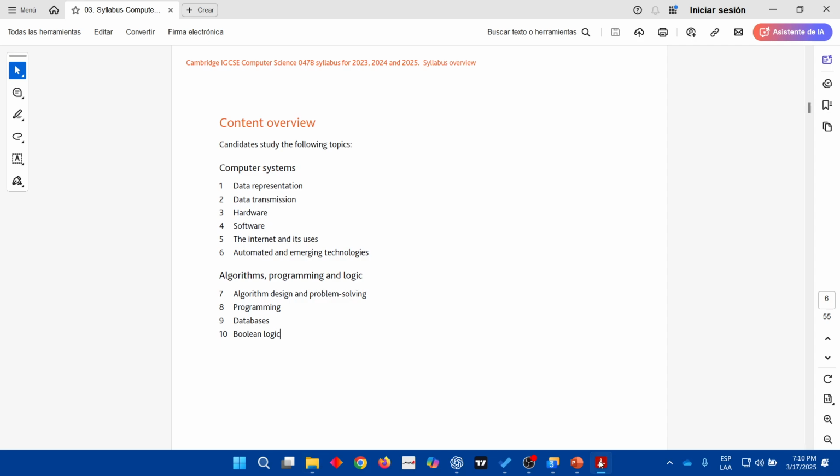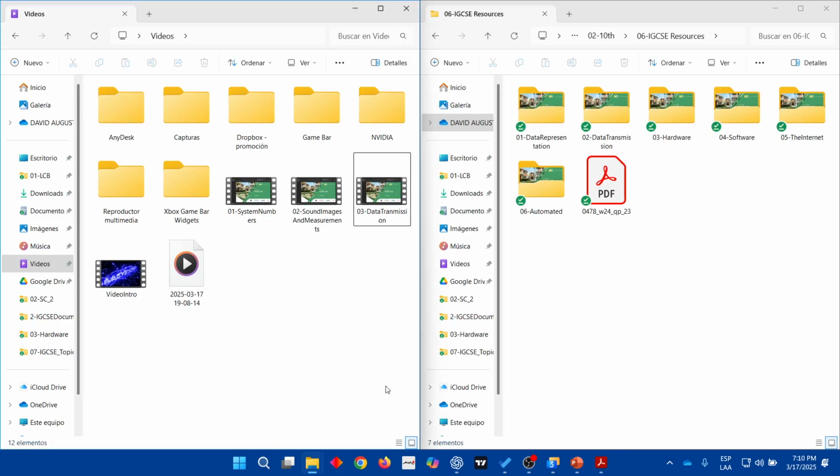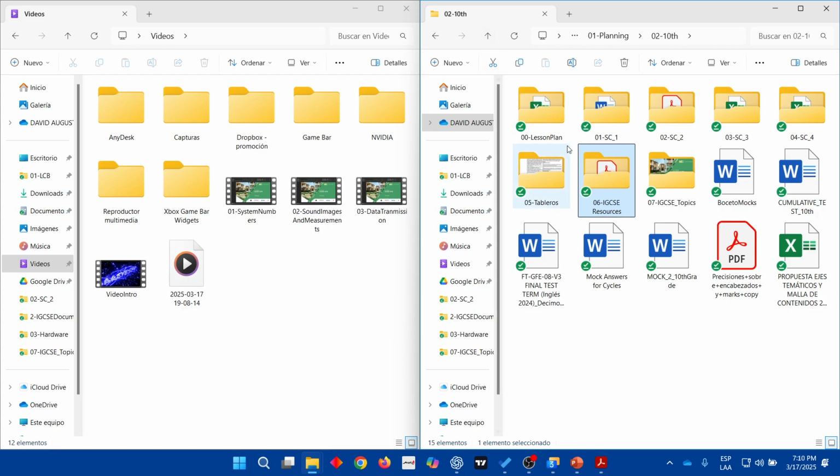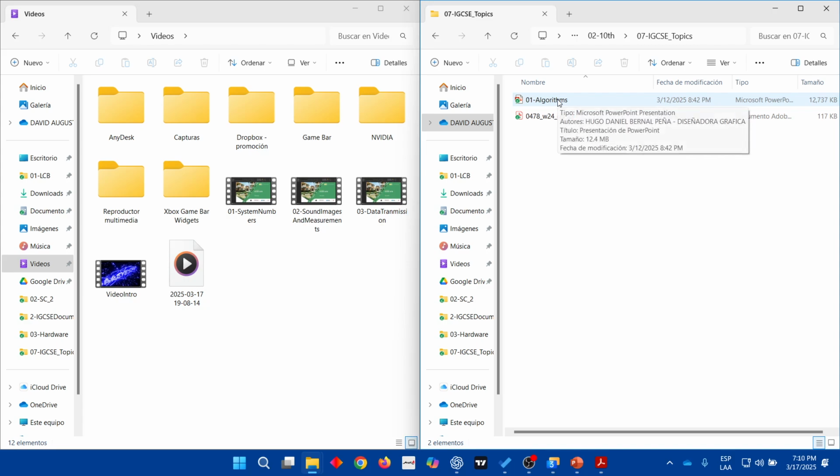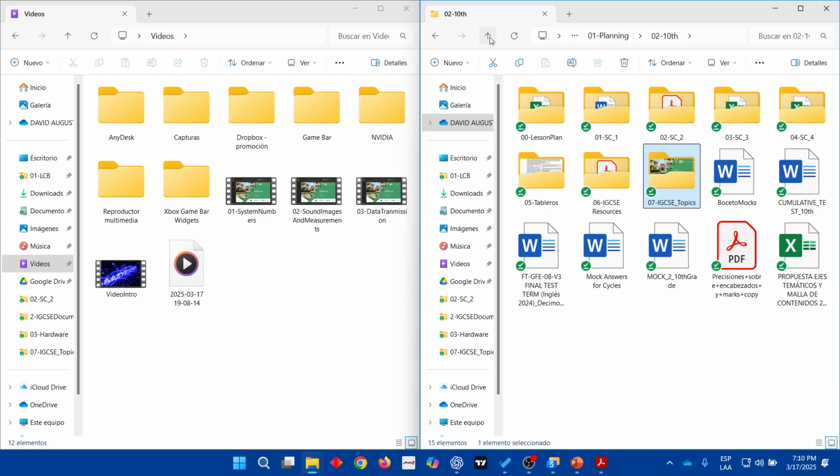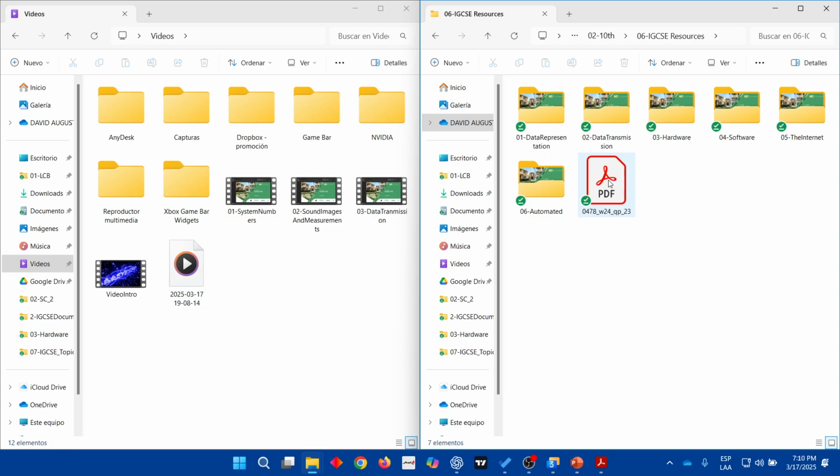So I have to do the resources for this part, that is chapter 8, 9, and 10. Why? Because in this other folder, I have chapter 7, which is about algorithms. So this is what we're going to continue doing.